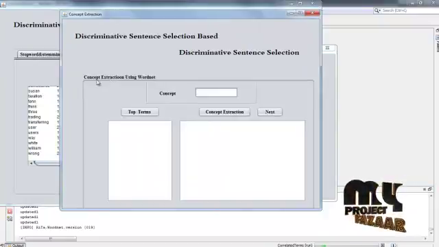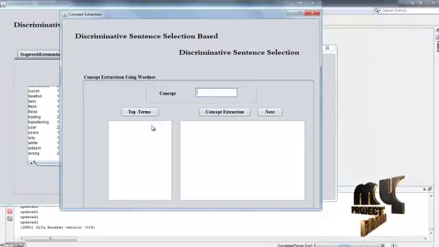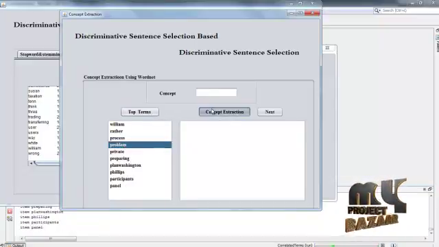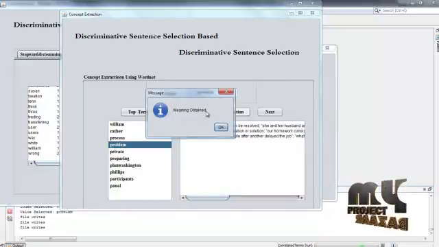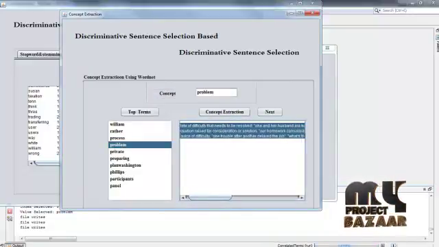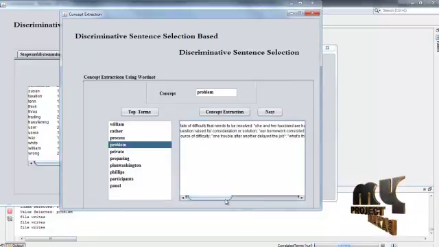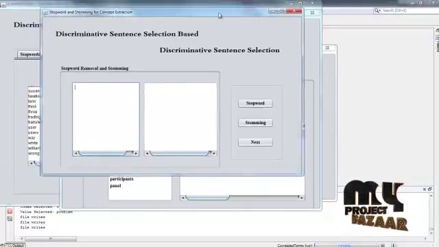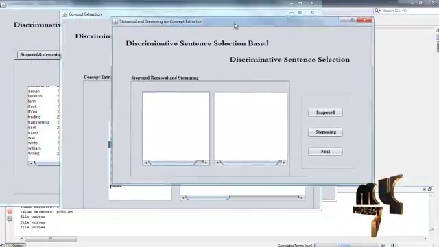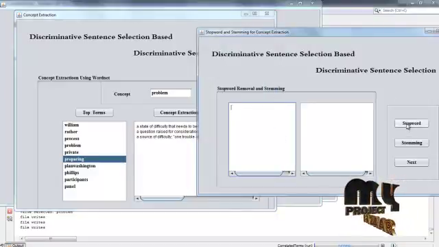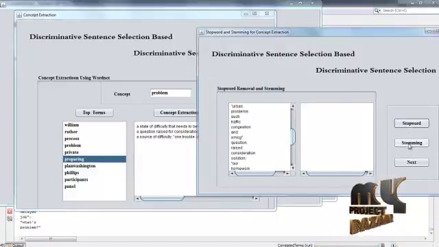Next I am going to show a concept extraction method using WordNet. Here I am going to choose any one of the words, and I can obtain a meaning for that. Next we have to perform the stopword and stemming for the obtained top 10 results, which is the same as the above process.